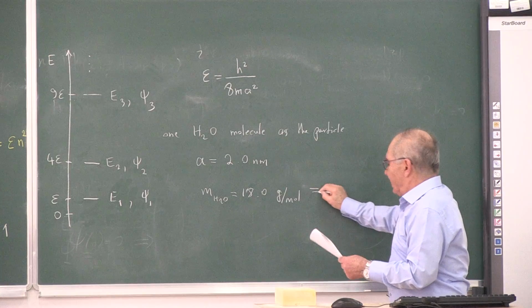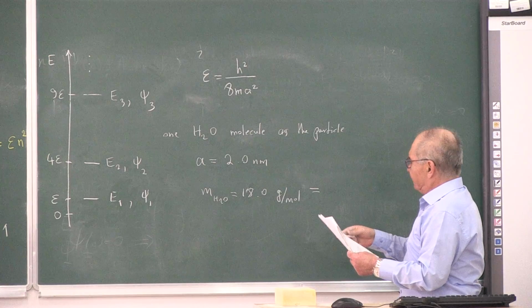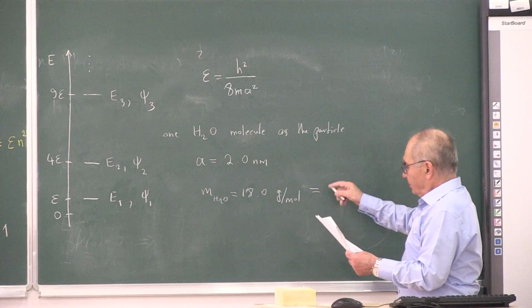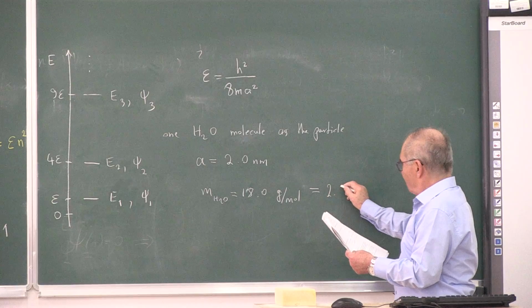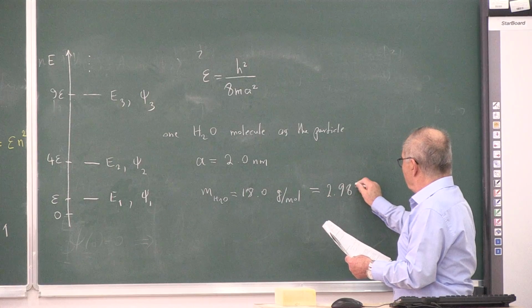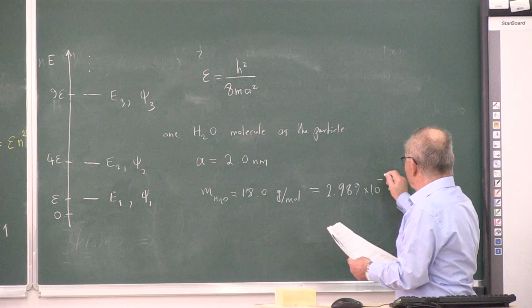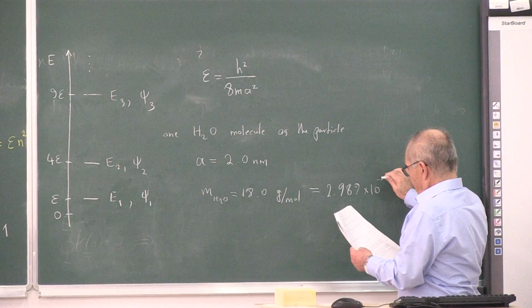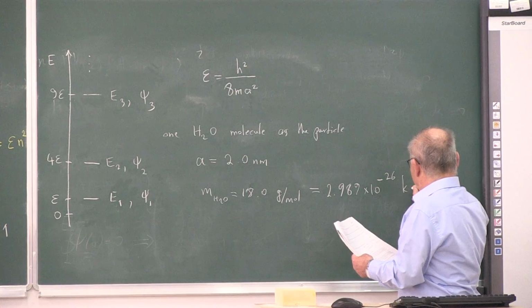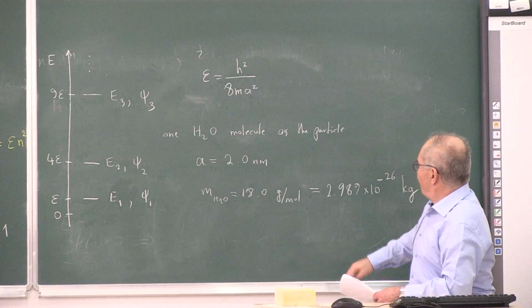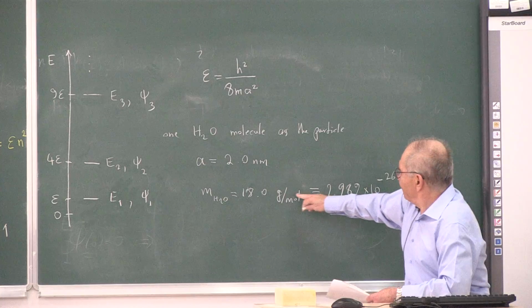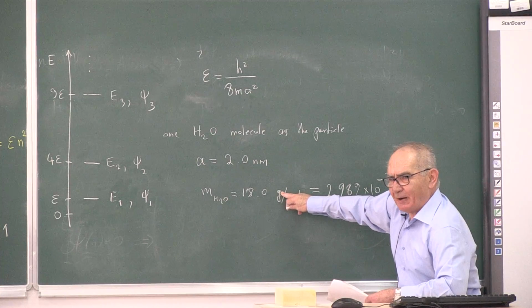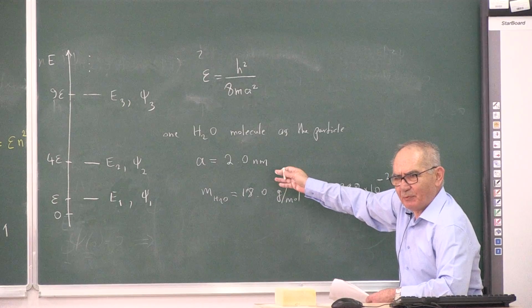Now change it into kilogram. You get 2.989 times 10 to the minus 26 kilogram. How did I obtain this? Change from gram to kilogram, which means just divide by 1,000.